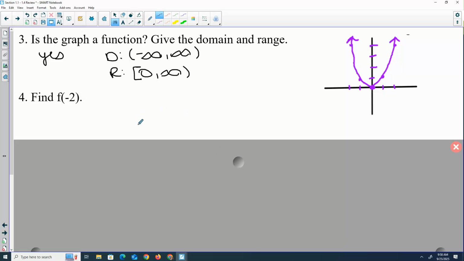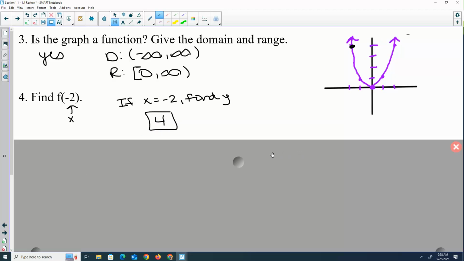If I ask you to find from my graph f of negative 2, remember function notation, that's f of x. It's saying x is negative 2. Or if x is negative 2, find your y. So if I go to that graph, when my x is negative 2, I'm here. What's my y value? 4.